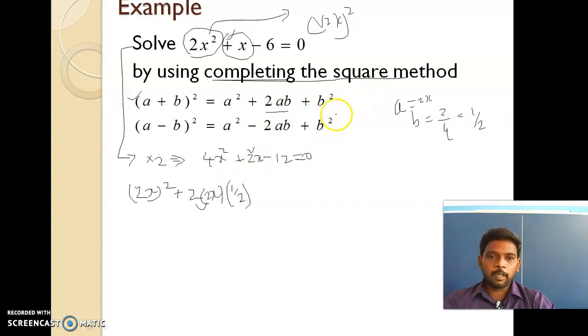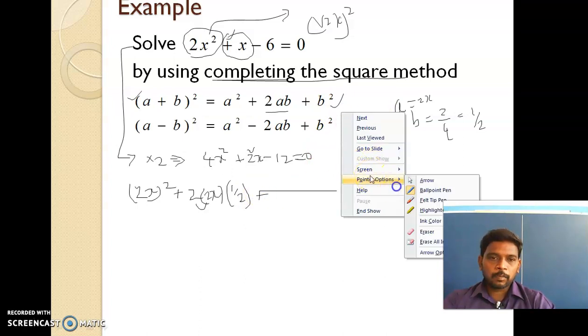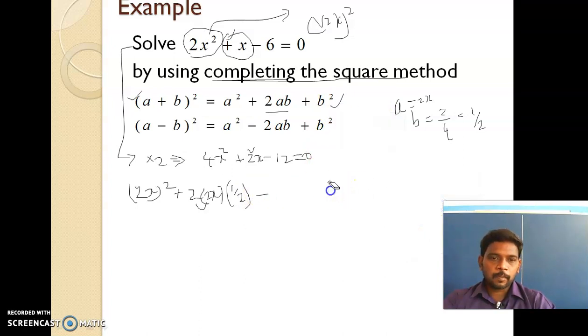Next b square, so plus 1 by 2 whole square. But this 1 by 2 whole square is not there in this equation, so for balancing purposes you subtract it again, minus 1 by 2 whole square, and then write the last number, minus 12, equal to 0.